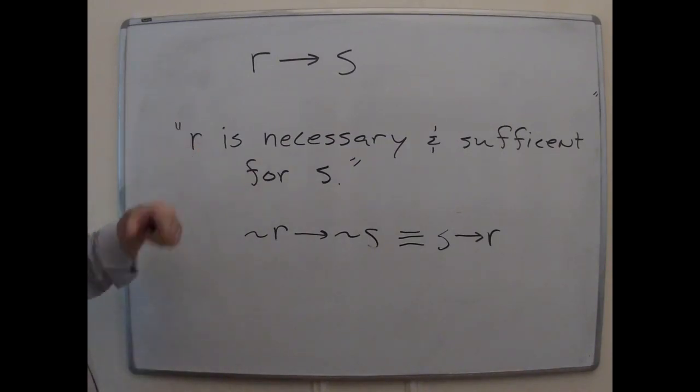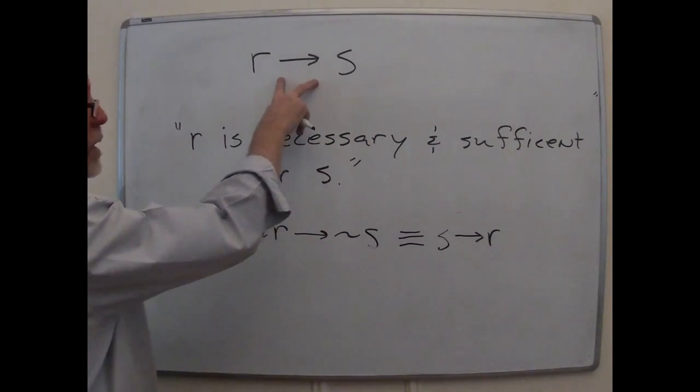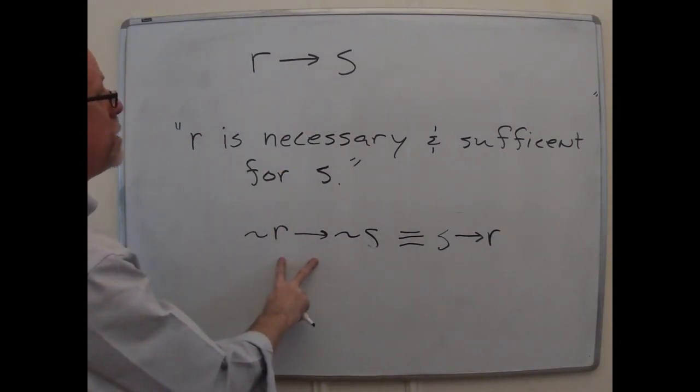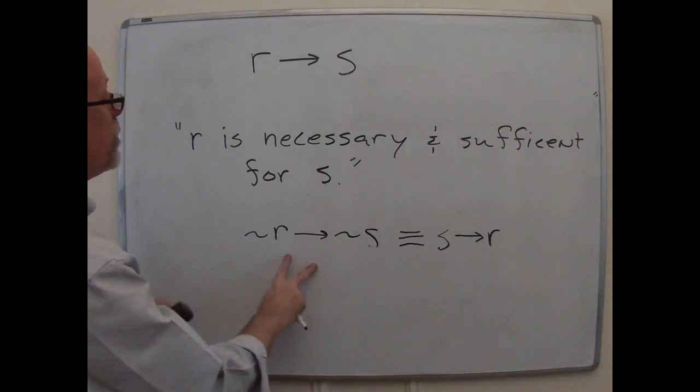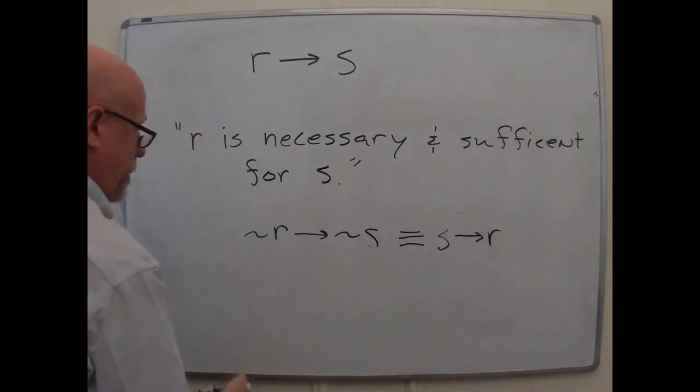If you've got a necessary and sufficient condition for S, it means both R implies S, that's sufficient, and not R implies not S, that's necessary. The two of them together are R implies S and this, but that's the same as that.